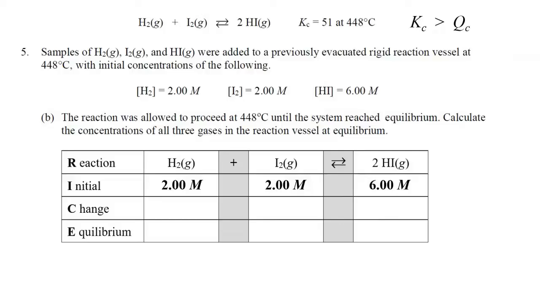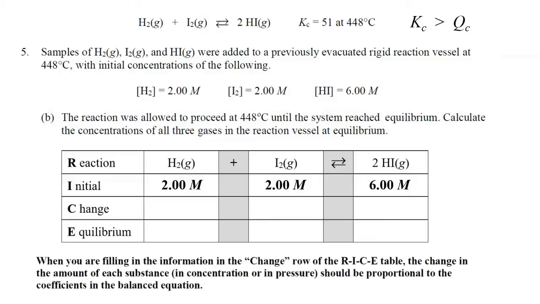It points from left to right, indicating that the reaction will proceed from reactants to products to achieve equilibrium. So the concentration of hydrogen will decrease, the concentration of iodine will also decrease, and the concentration of hydrogen iodide will increase as the system approaches equilibrium. So it's going to be minus X for hydrogen, minus X for iodine, and plus 2X for hydrogen iodide.